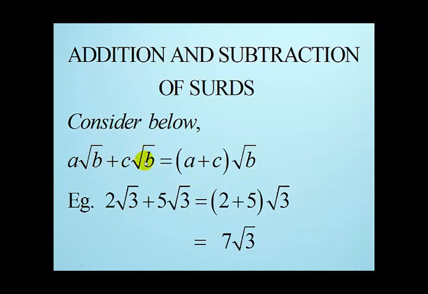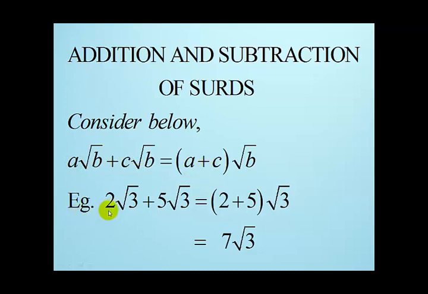So we can see that they have the same set, and therefore we add the coefficients of the set, that is a and c. So a root b plus c root b is equal to a plus c, root b. We can only add their coefficients together if they carry the same set, root b, root b.